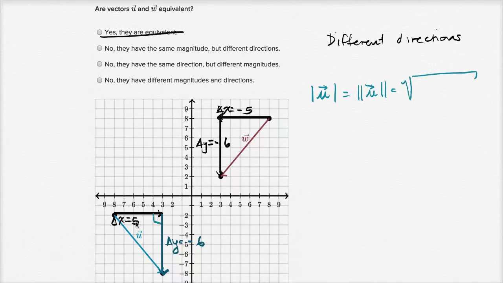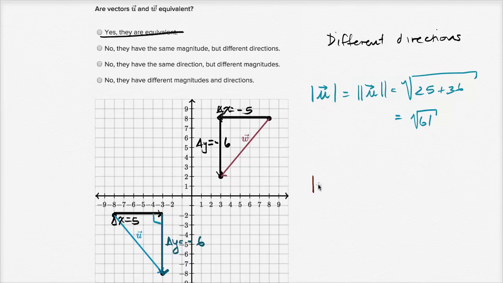So it's going to be the square root of 5 squared plus -6 squared. So it's going to be the square root of 25 plus 36, which is equal to the square root of 61.